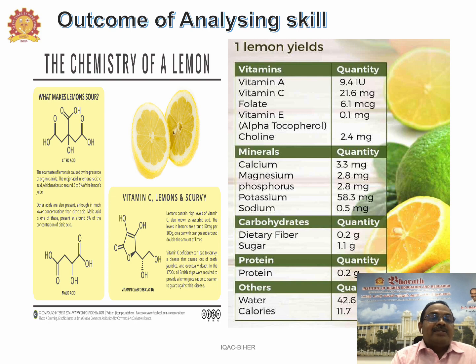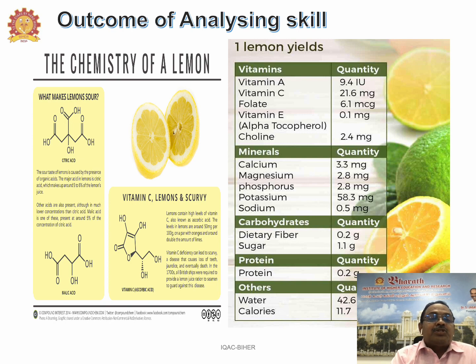And the next level is analyzing. We are going to analyze what components are available inside the lemon, how it has such rich vitamin C. Apart from vitamin C, is any other component available or not? What components are available? We are going to study like this.